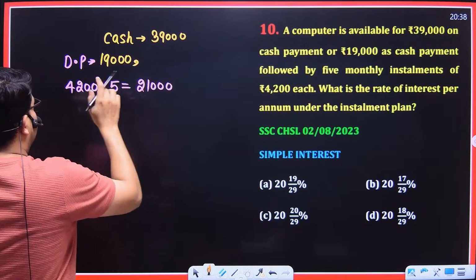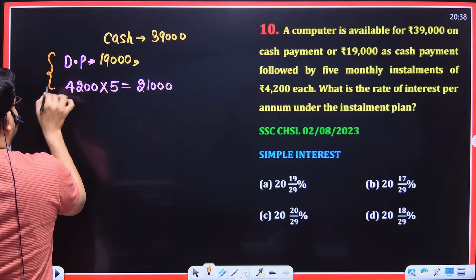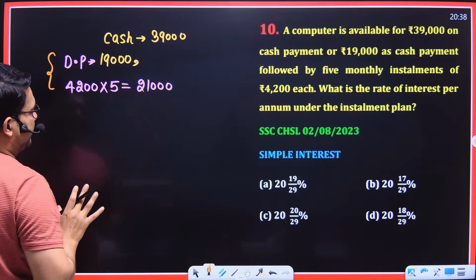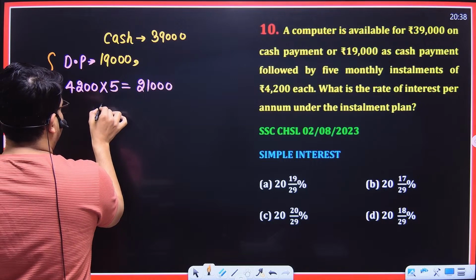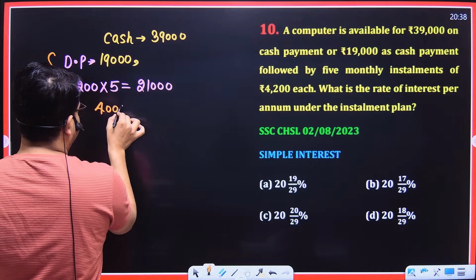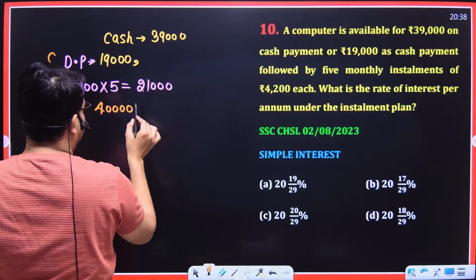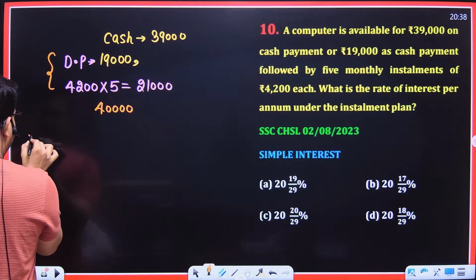So you are paying 40,000 for that computer, which means you are giving 1,000 rupees interest.